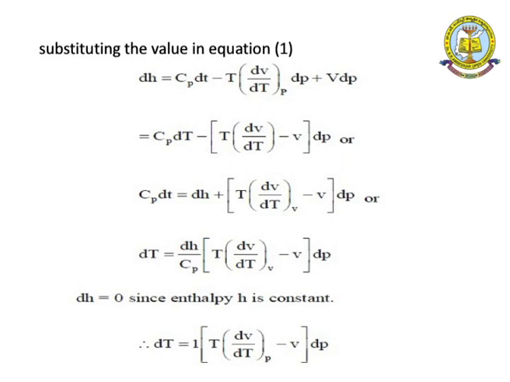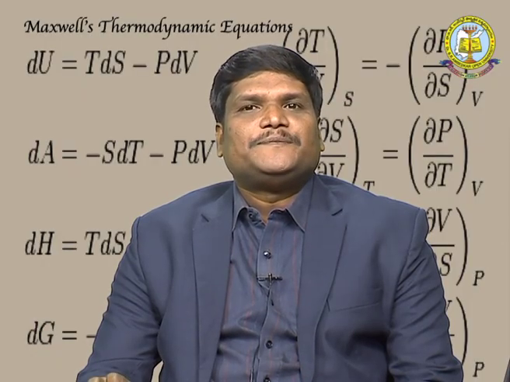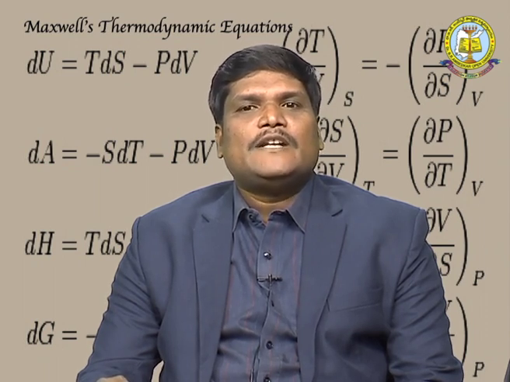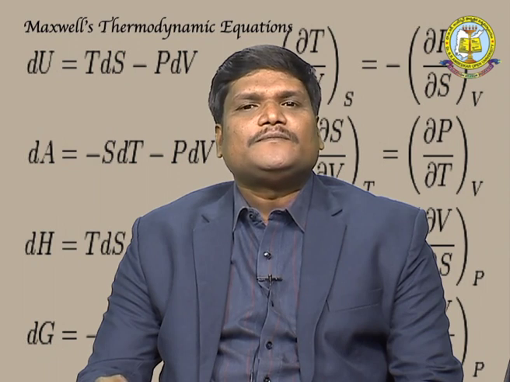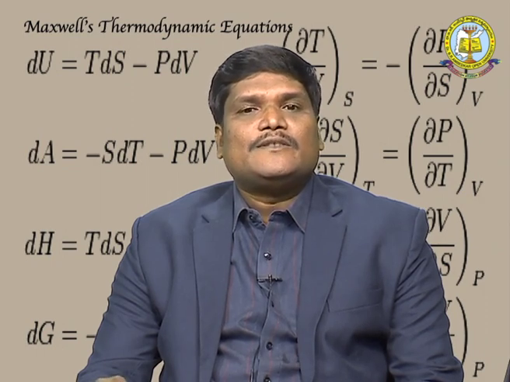Combining the dP terms, Cp dT equals dH plus [T (dV/dT)_P minus V] dP, so dT equals dH by Cp plus (1/Cp)[T (dV/dT)_P minus V] dP, where H is constant, meaning dH equals 0.